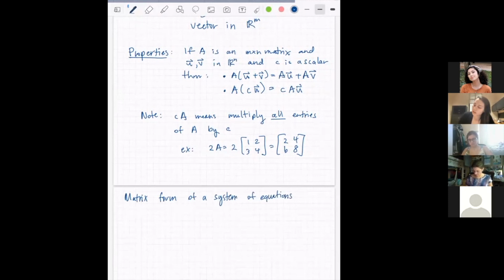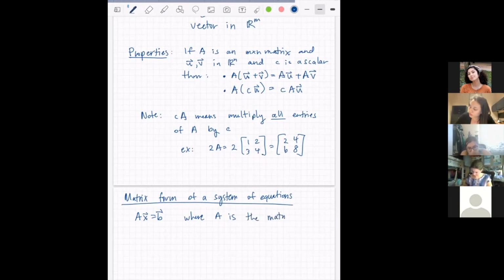Right? And it looks just like what we wrote down in the title. So A times X equals B, where A is going to be your matrix of coefficients of the system, right?